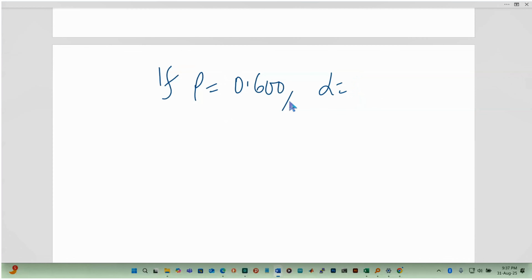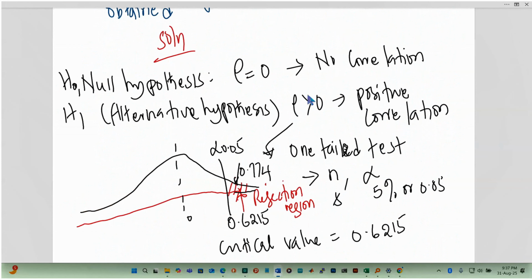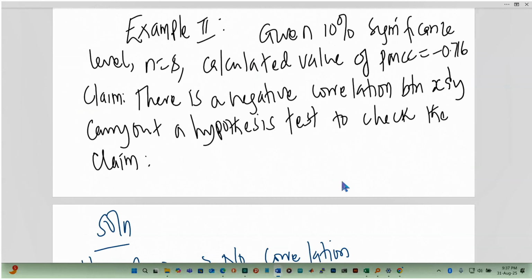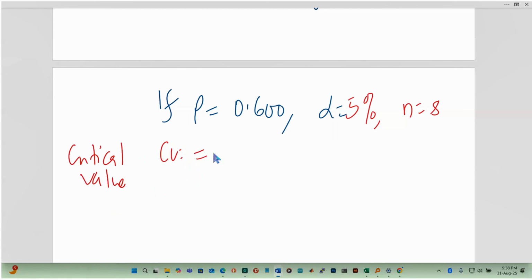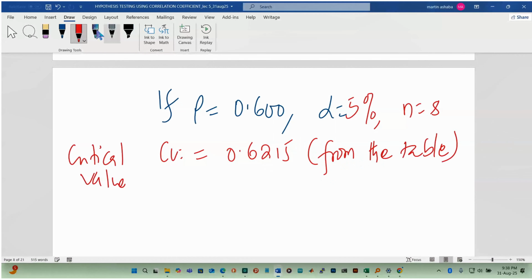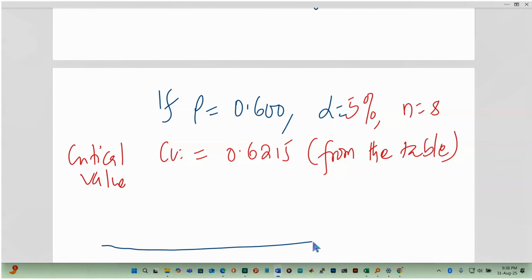The first one, the one we used up here. Yeah, alpha is 5. Let's use that. So alpha is 5%, and then n is equal to 8. Remember, we already said that the critical value, from the table, is 0.6215.